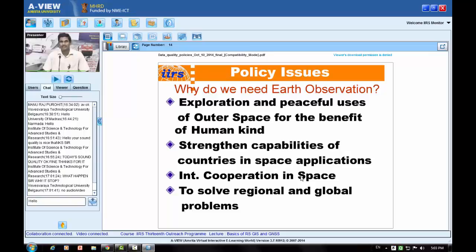Suppose you take Indian conditions, aerial photography has been there for many years. Aerial photography was developed for military purposes in World War I and II. After that, many people started using it for many applications, natural resources inventory, developmental activities, infrastructure and environmental activities, because it gives very high quality, high resolution aerial photographs.